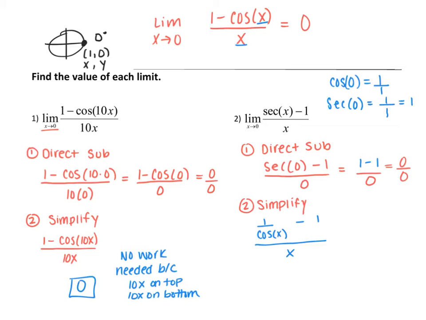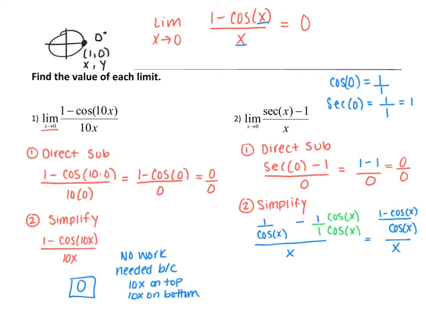And now I can try to simplify this equation. If you remember, when we add or subtract fractions, this could be 1 over 1, we need a common denominator. So I'm going to multiply the top and bottom here by cosine of x. So my denominator stays as x, and my numerator is simply 1 minus cos x all over 1 singular cos x.